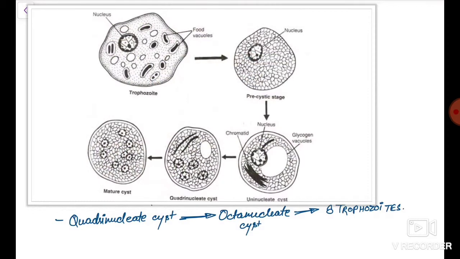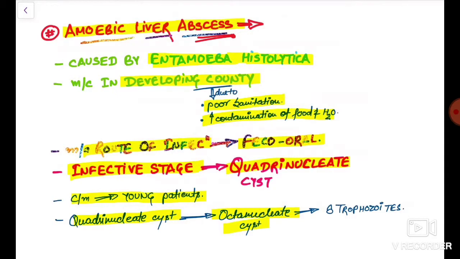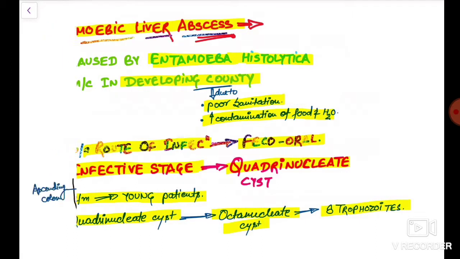So friends, in the GI tract the quadrinucleate cysts convert into octanucleate cysts, and at last these release 8 trophozoites.